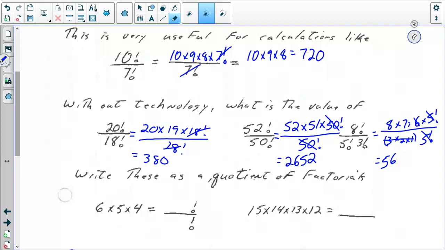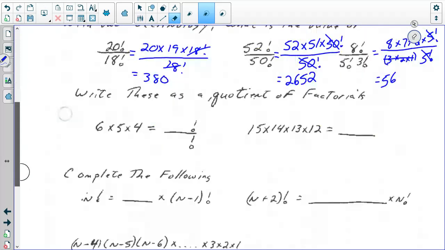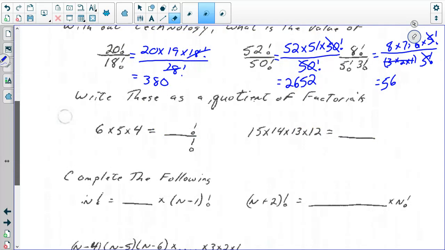So I want you to take a second and see if you can write this. This is the reduced form. What did I start with here?